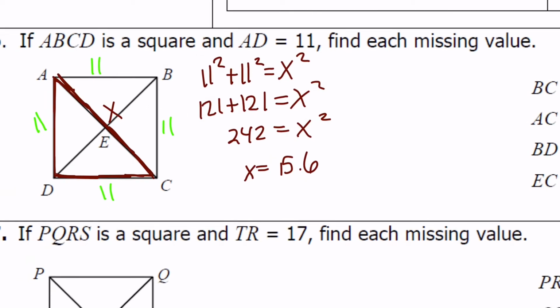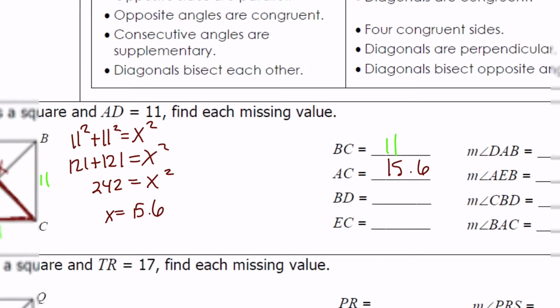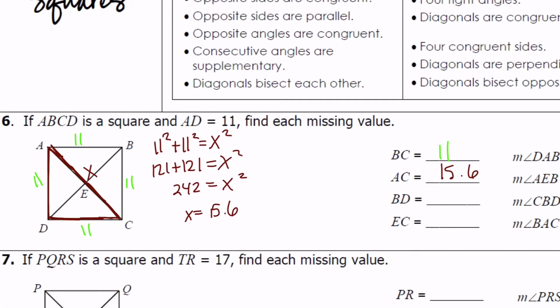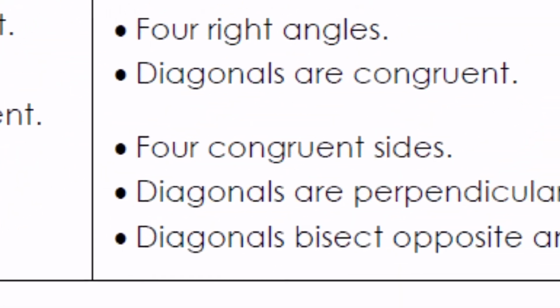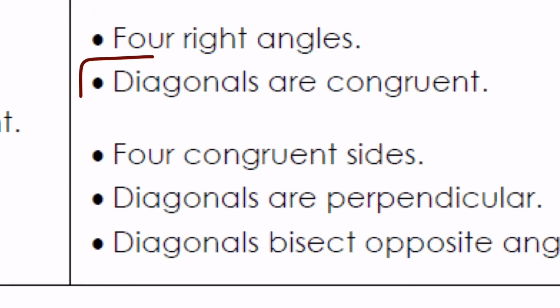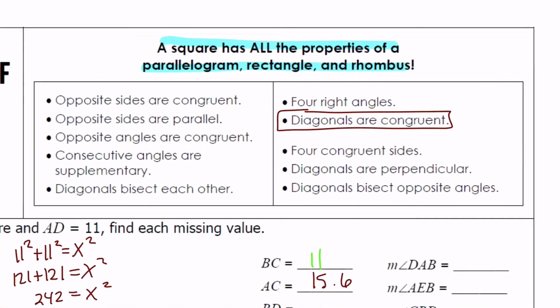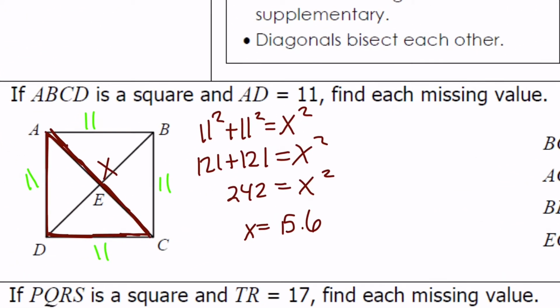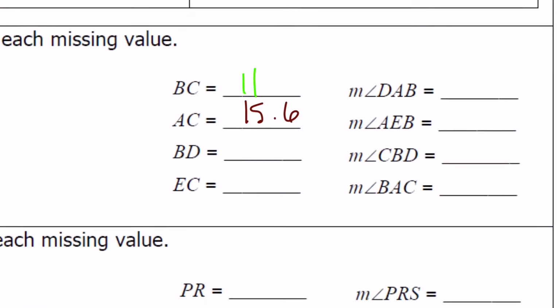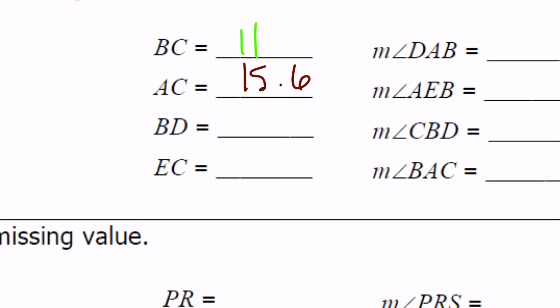And it wants us to find BD. Okay, on squares, remember up on when we have rectangles, all the diagonals are congruent. So since AC is a diagonal and we already found it, BD is a diagonal, we can find it as well because they're congruent. So it is also 15.6.